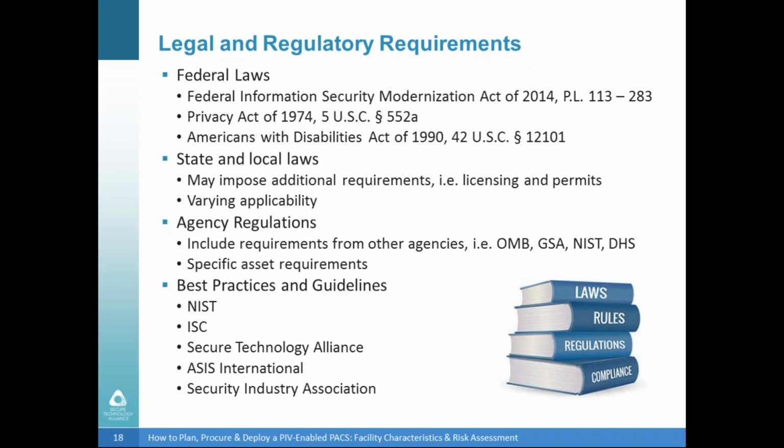These usually come in the form of special publications at NIST. Many of these documents include best practices or a recommendation in the title to differentiate them from binding regulations. Finally, industry associations such as the Secure Technology Alliance, ASIS International, and the Security Industry Association publish security-related best practices and guidelines.